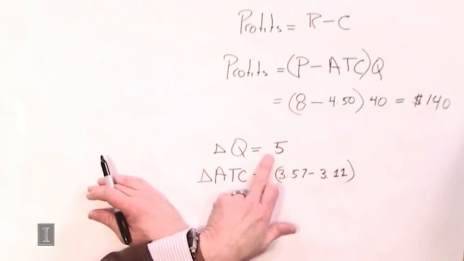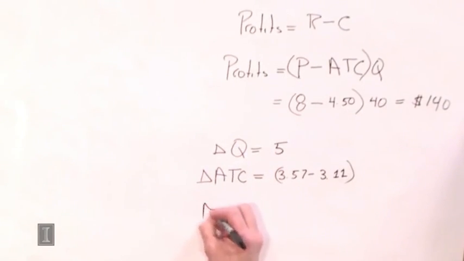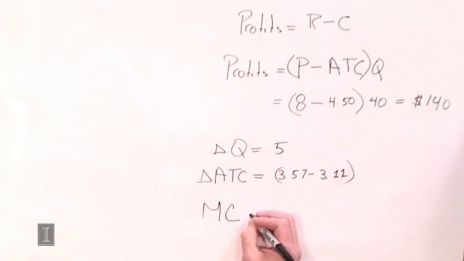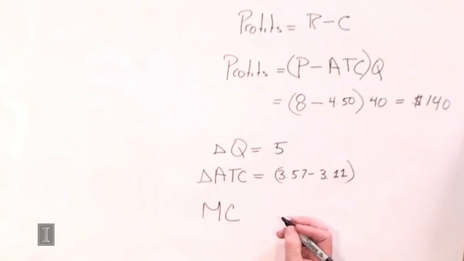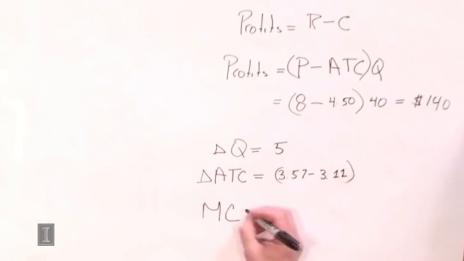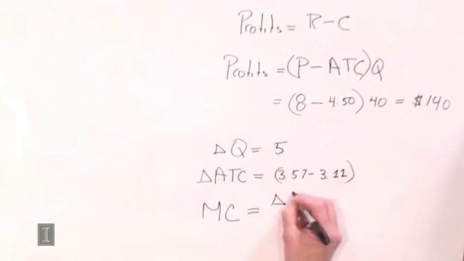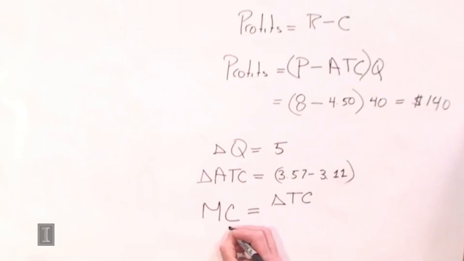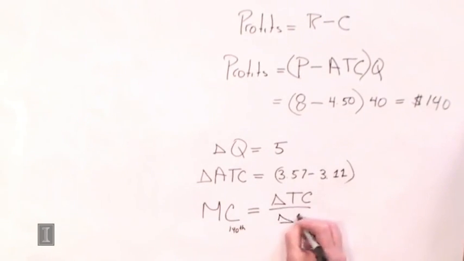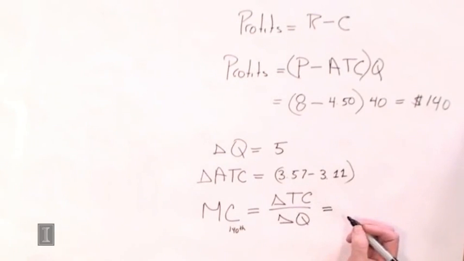So what I'm calculating here is what we have been calling the marginal cost of producing from 135 to 140. The change in total cost of the 140th unit will be the change in cost over the change in output. All right?